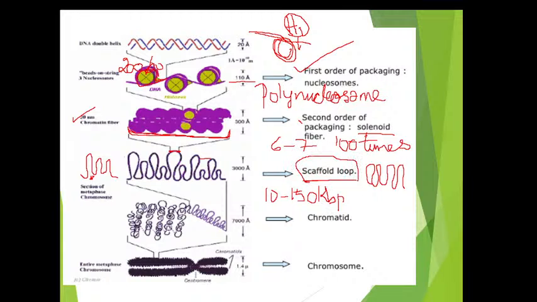Scaffold proteins help in the binding. In the interphase chromosome, the 30 nanometer chromatin loop from the extended protein scaffold is found, and they undergo folding and scaffolding like this, and are packed inside the metaphase chromosome. Only this much part is the chromosome, but only this much part forms this scaffold. Again, a lot of scaffolding happens, and they result in the formation of this metaphase chromosome.